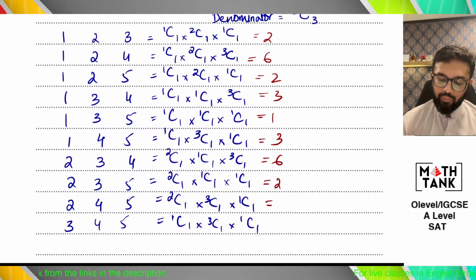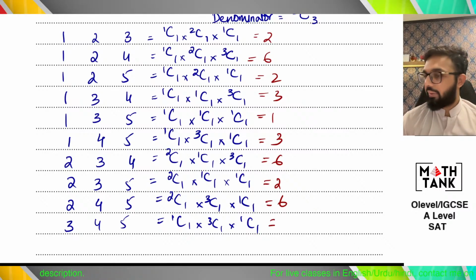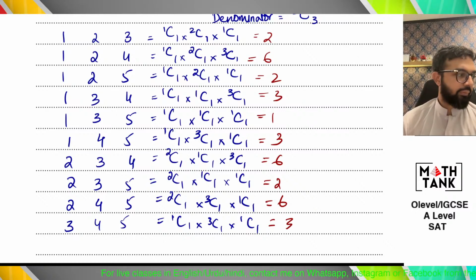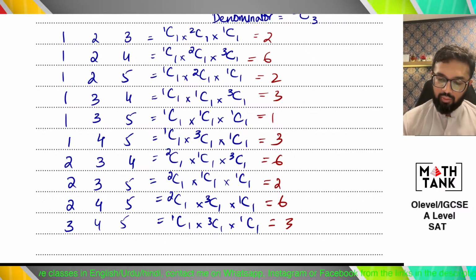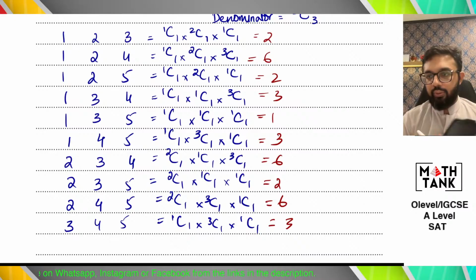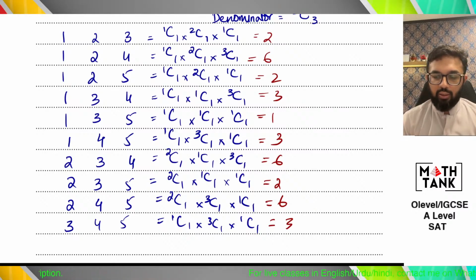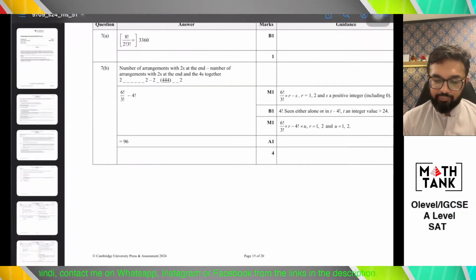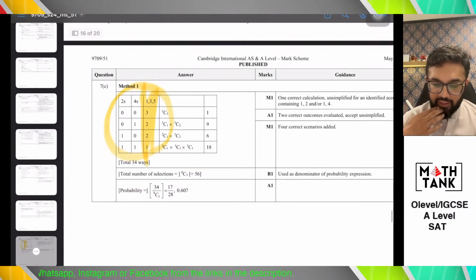Six, two, six. What's 2 plus 6 plus 2 plus 3 plus 1 plus 3 plus 6 plus 2? That gives me 34, and the denominator is 8C3, 56. Yep, that is the correct answer.